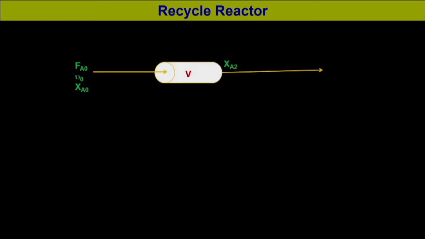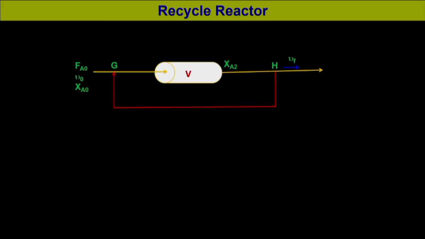Then the exit of this reactor is Xa2, and part of the material is recycled from point H to point G.